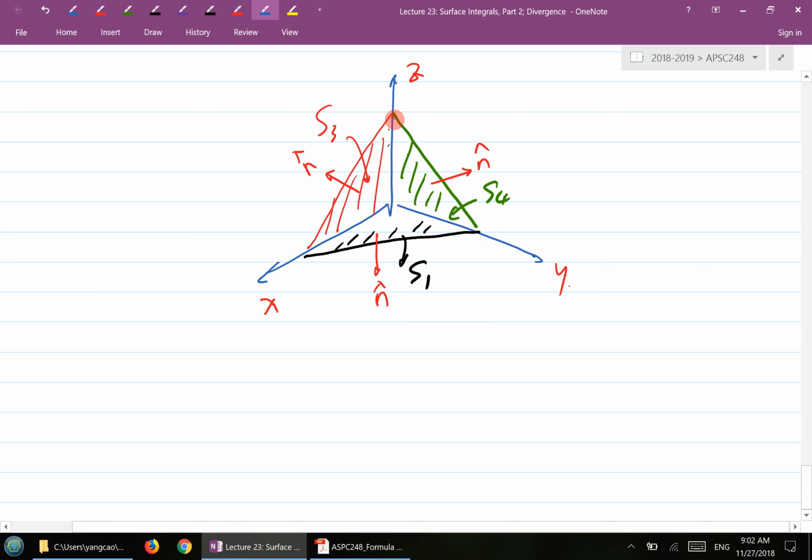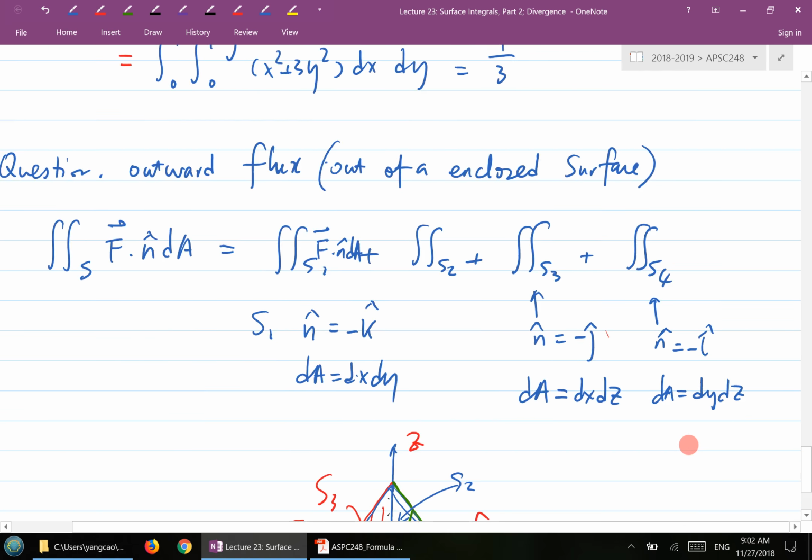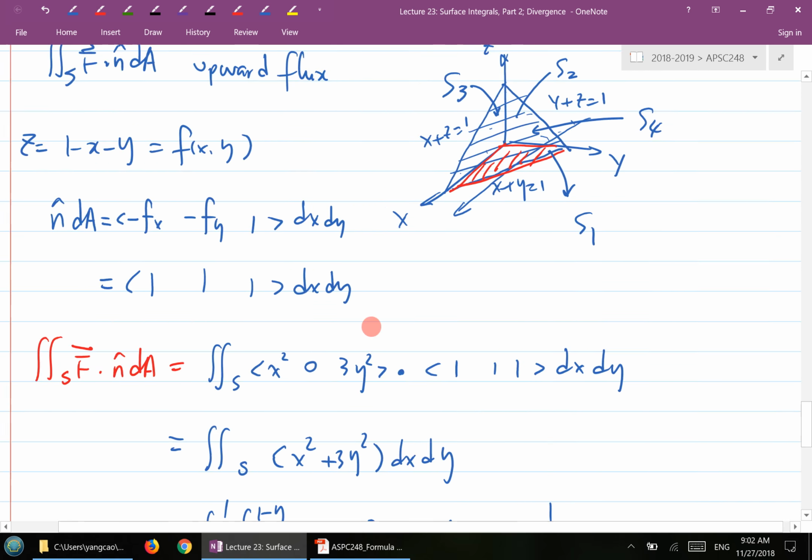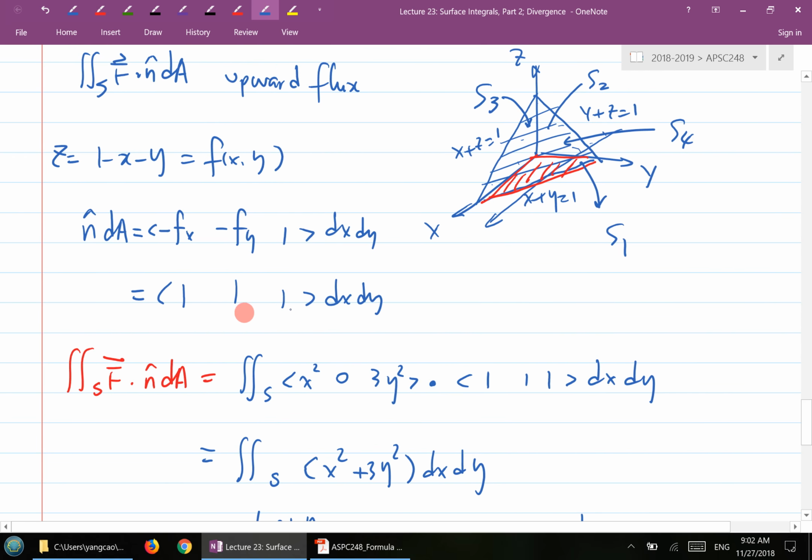Yeah. S2 is this part of the surface. It's the cover. This is your S2. The S2 is a plane. It's the example we have just gone through here. That would be n hat dA for this piece.